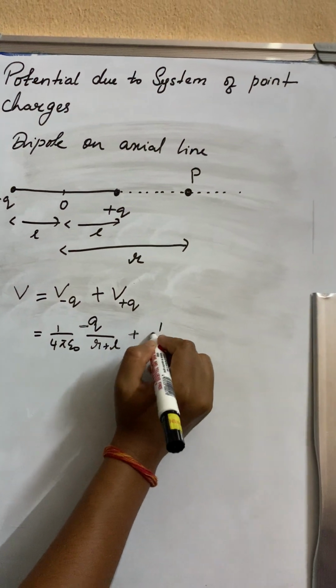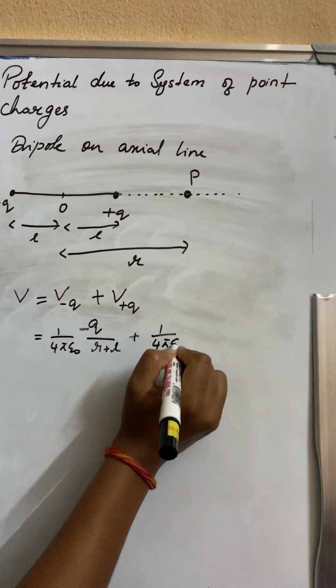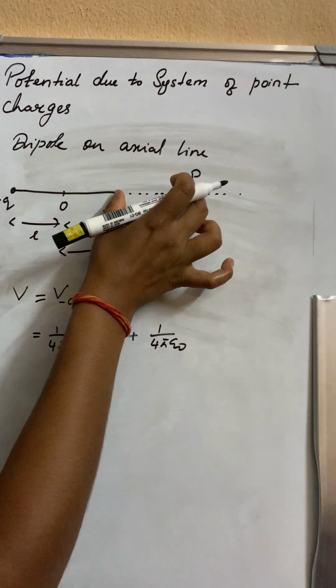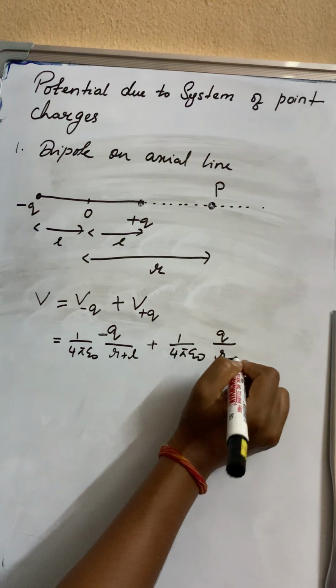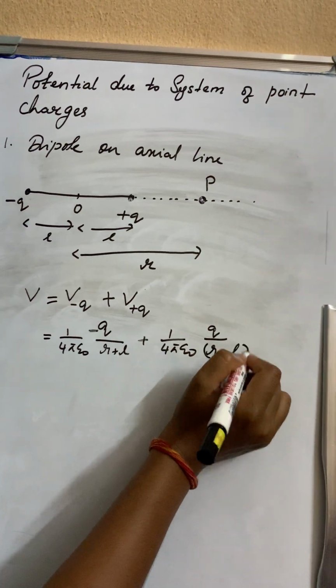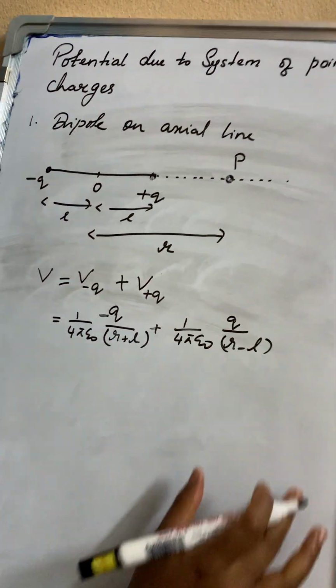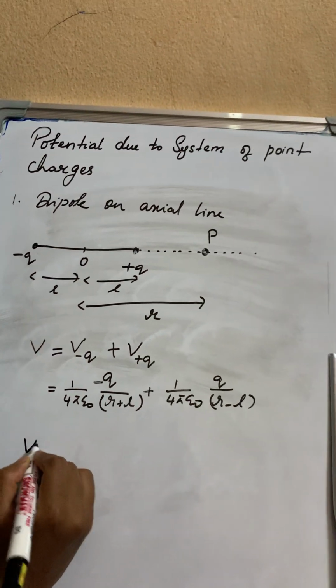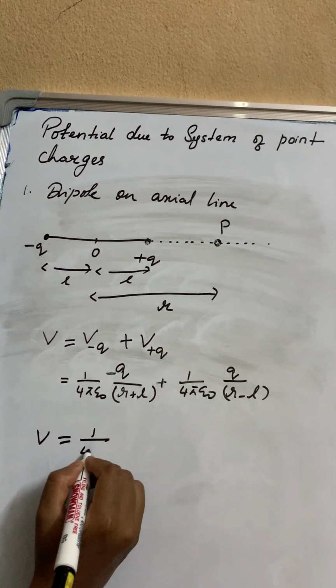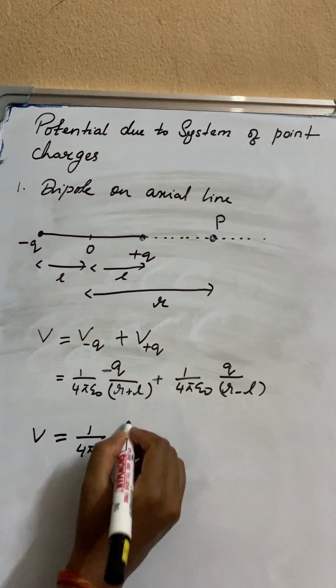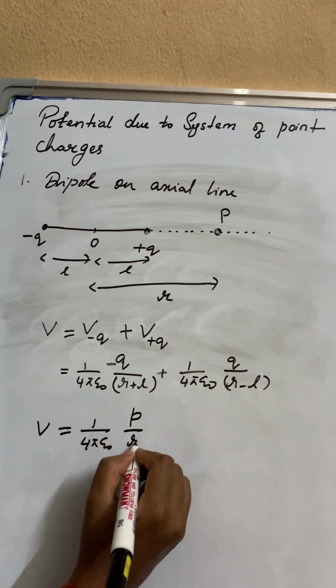Then due to plus q, this will be 1 by 4 pi epsilon, and what is the distance? This is r minus l, so q by r minus l. Now you do the plus minus and simplification, I have already given it in the notes also. You should get 1 by 4 pi epsilon P by r square.